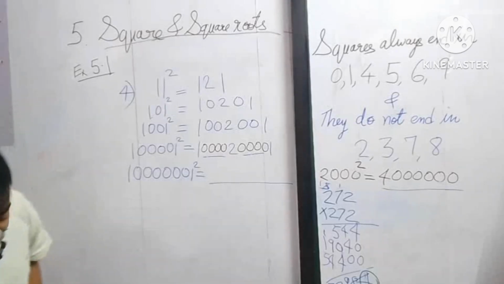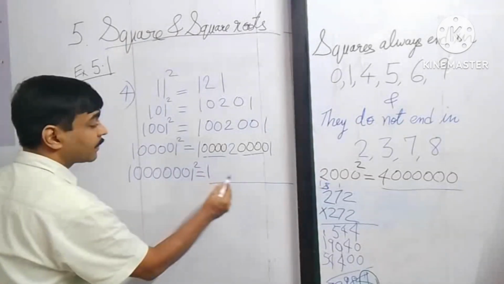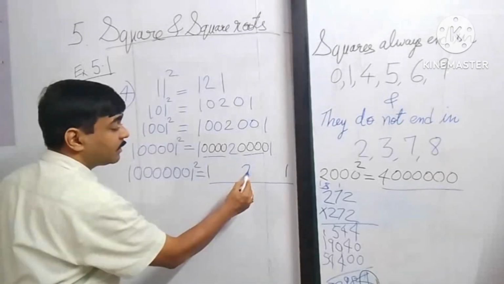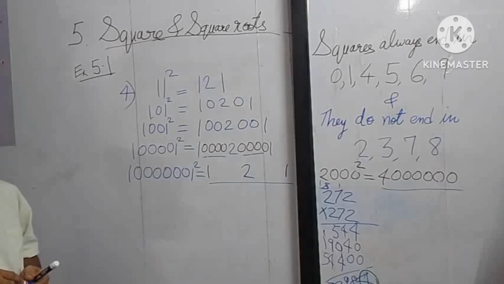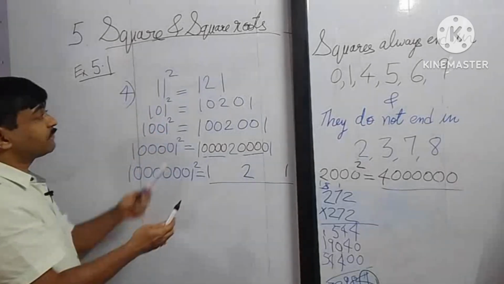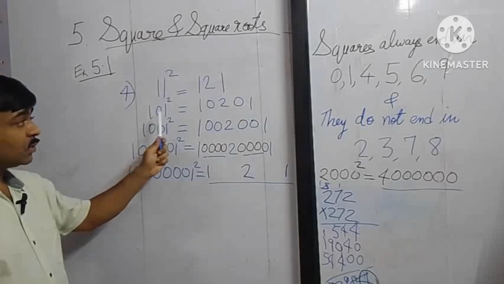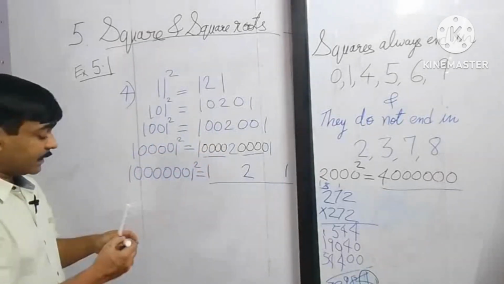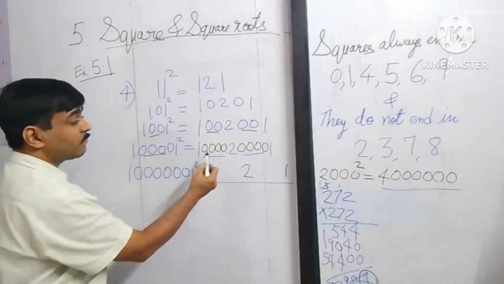In the same pattern, I will start with 1, end with 1, and in between I will put 2. If you observe, when there was no 0, there was just 2. When it was 1 0, I put 1 0 between both the numbers. 2 zeros, 2 zeros. 4 zeros, 4 zeros.